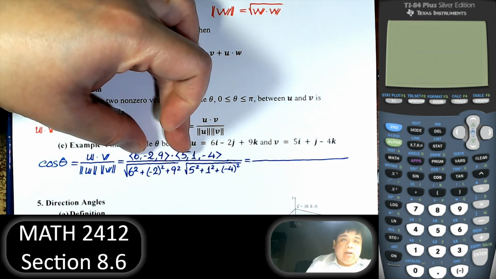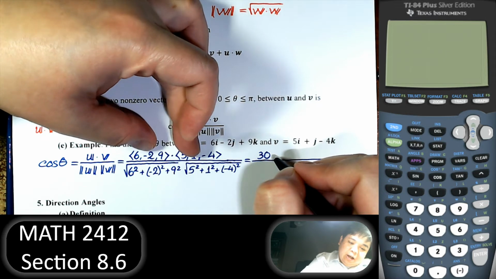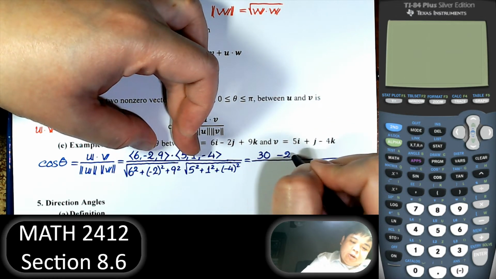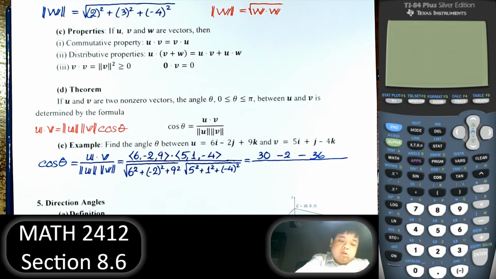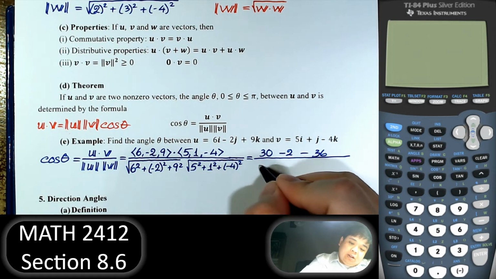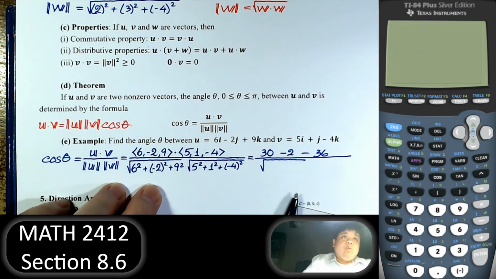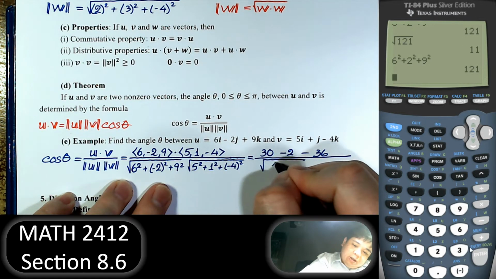So 6 times 5 is 30, -2 times 1 is -2, and 9 times -4 is -36. That's what we have on the top: 30 minus 2 minus 36. The bottom, square root of 6 squared plus 2 squared, or -2 squared, same thing, plus 9 squared. So that's the square root of 121.